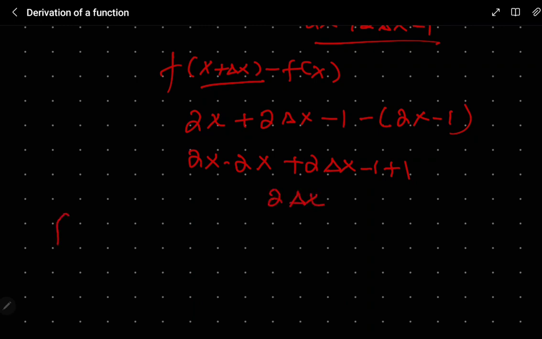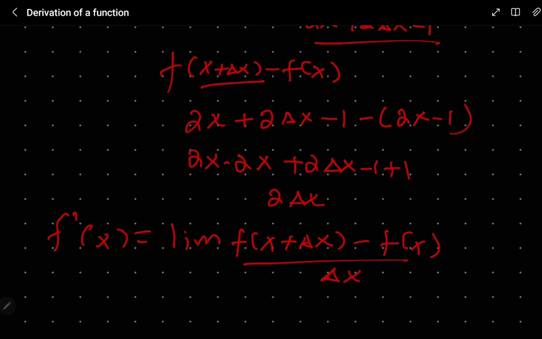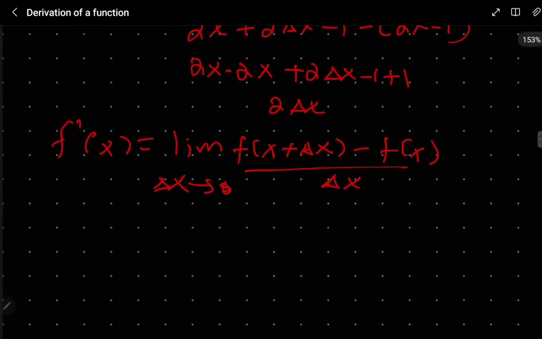Now the derivative of f is defined as the limit of f of x plus a small change in x minus f of x, divided by change in x, as the change in x goes to 0. The numerator we already did, and it is 2 times the change in x.